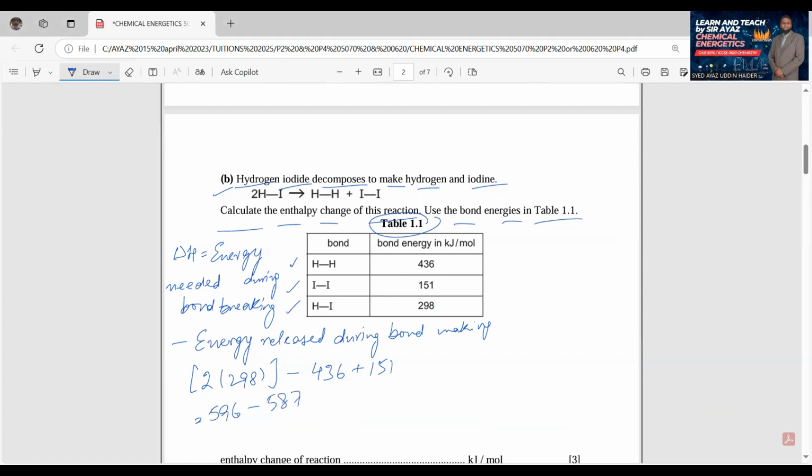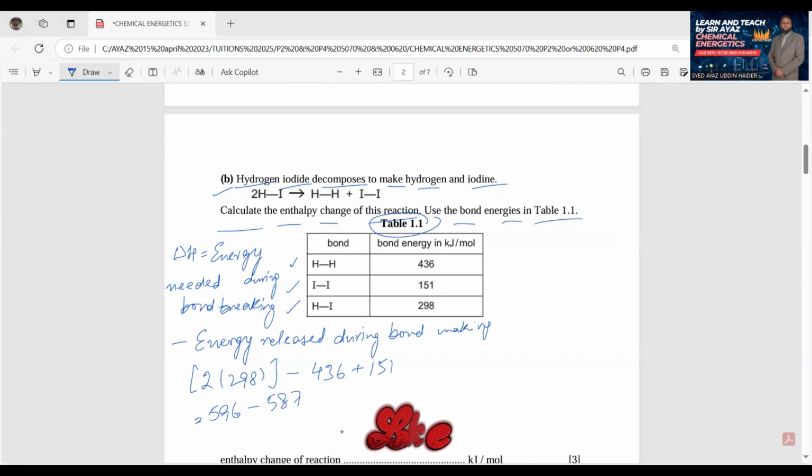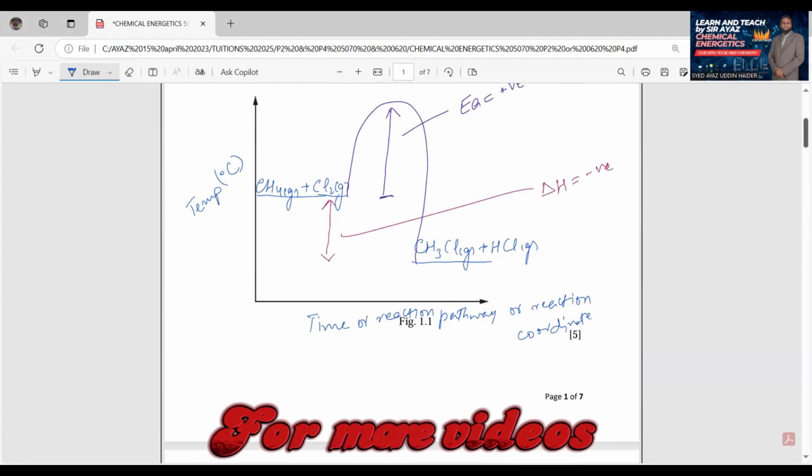So 596 minus 587, the answer is plus 9. So I will write plus 9 here for this question.